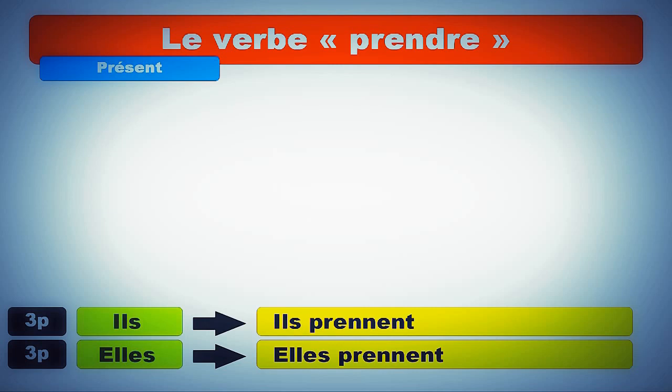So that's the reason why you've got ils prennent. Repeat. Ils prennent, okay? And keep in mind that, as usual for this third person of the plural, this ENT, the final one, is not pronounced, okay? So for elles, we've got elles prennent.